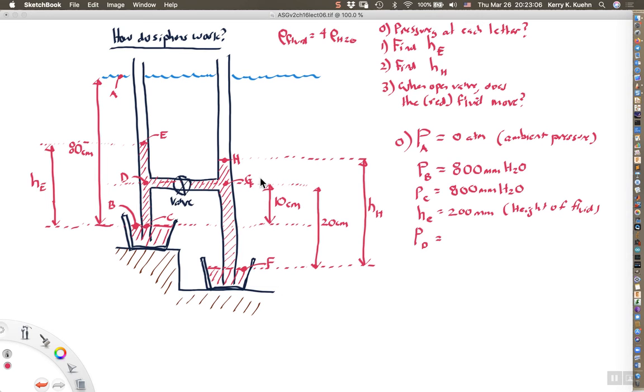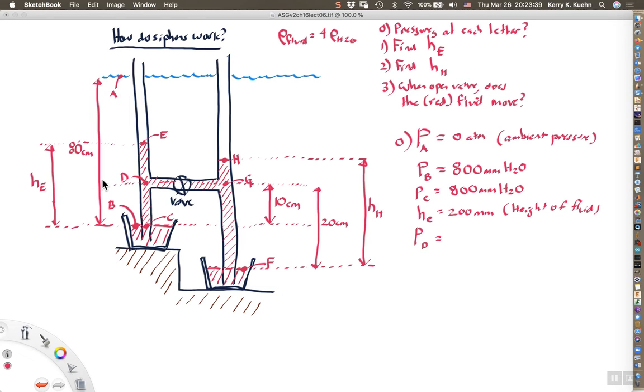We also just found out that the height h_E was 200 millimeters or 20 centimeters. So this tube right here has 10 centimeters of this fluid above it and 10 centimeters below it. So if there was 200 millimeters of this mystery fluid going from here to here, then 100 millimeters of that mystery fluid is below that point and 100 millimeters is above that point.